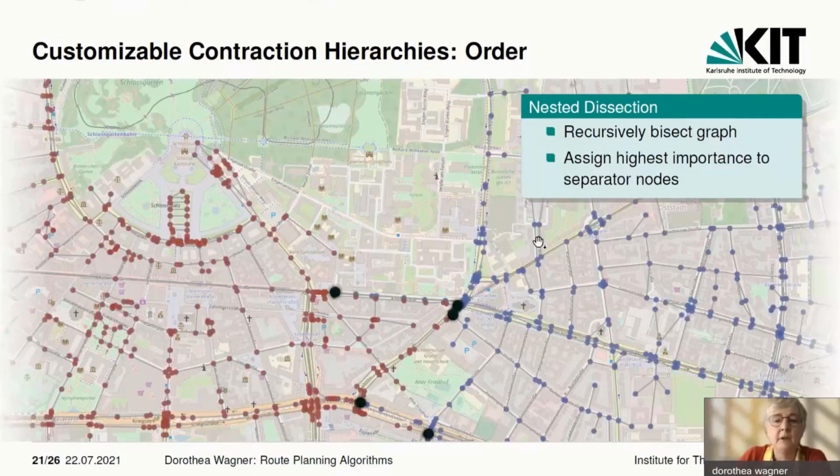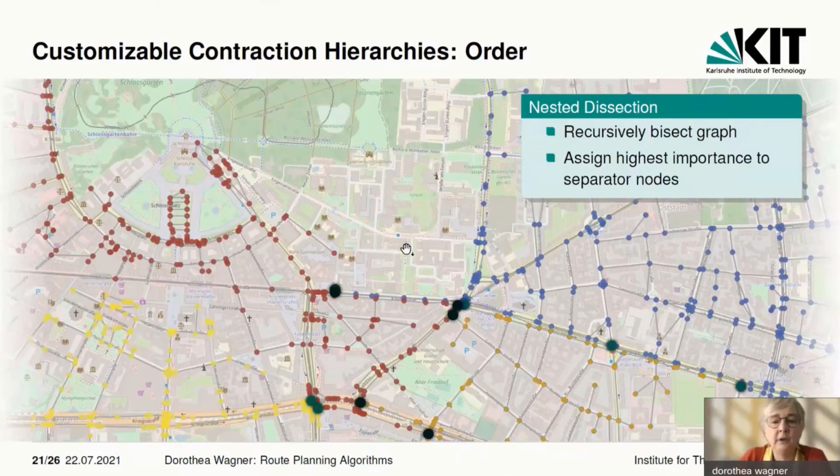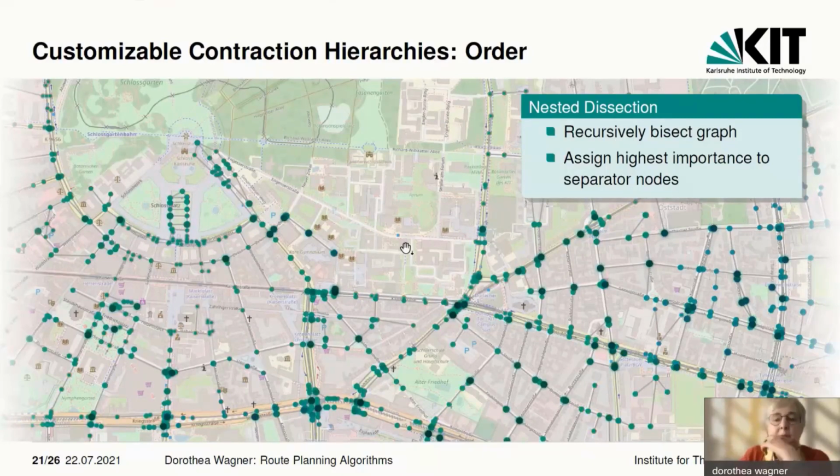So in this road map of Karlsruhe, the first separator would be these black nodes, which separate Karlsruhe into the brown and the blue nodes. And then again, separate these two parts, and again and again.